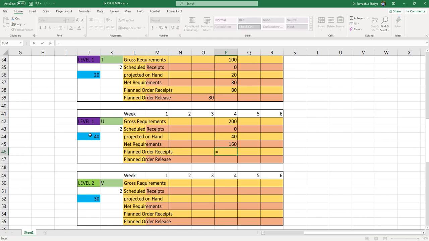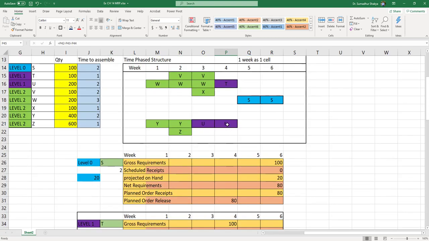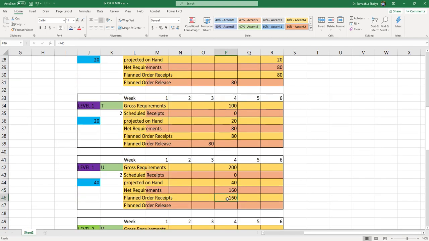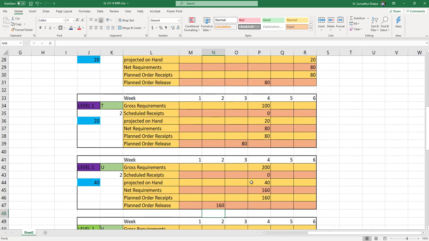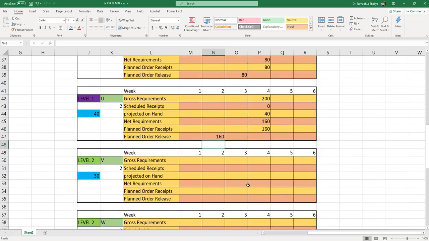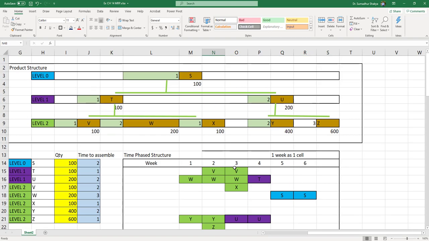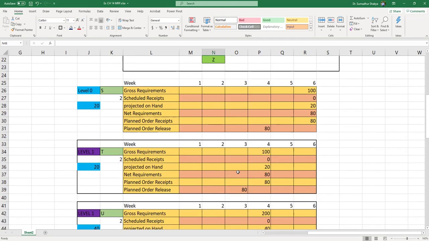Therefore planned order receipts are going to be for the net requirements planning of 160 units, and it takes 2 weeks, so we will have to release this 1 week and 2 weeks prior. Now let's talk about level 2 units. For V, we need to start by week number 3.